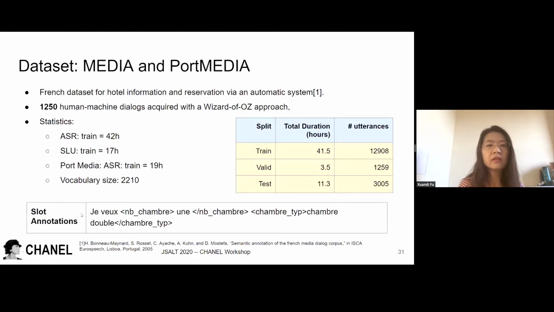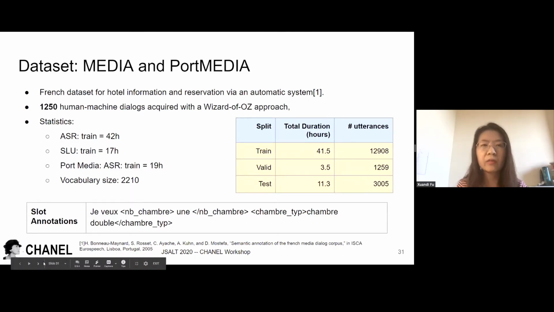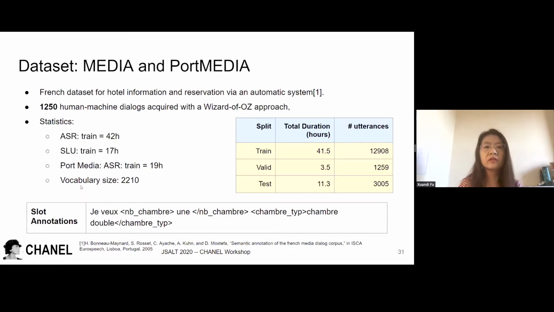The second dataset we have used is a French dataset. That part was primarily done by our group member Sahar. She's not able to join, so I'll present the result here. The MEDIA dataset is a French dataset for querying hotel information and reservation.